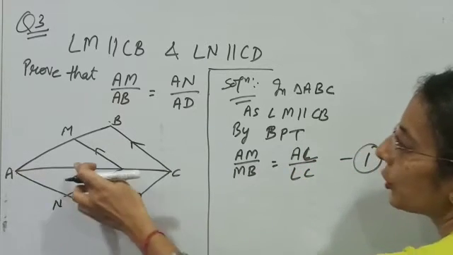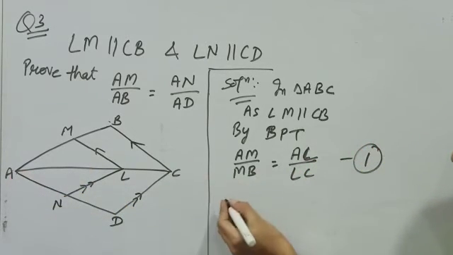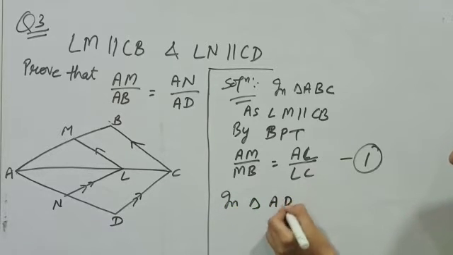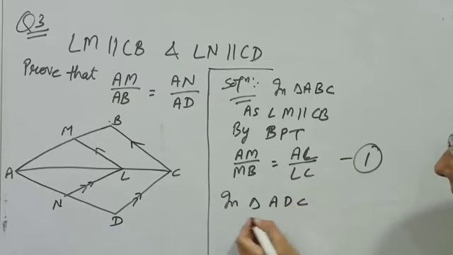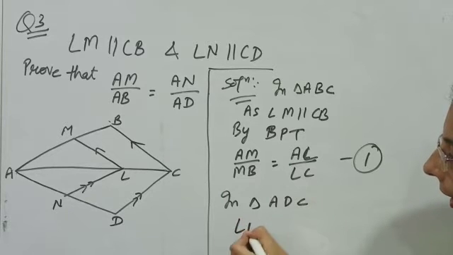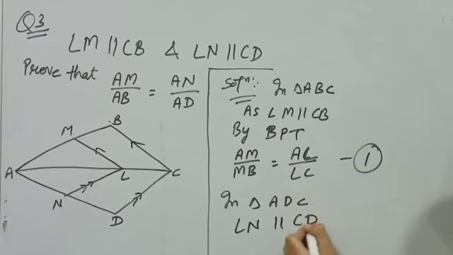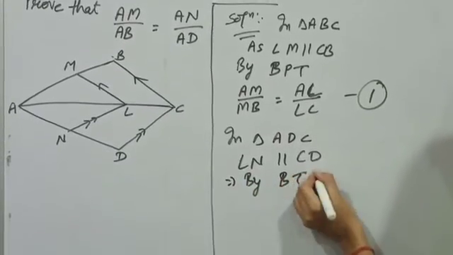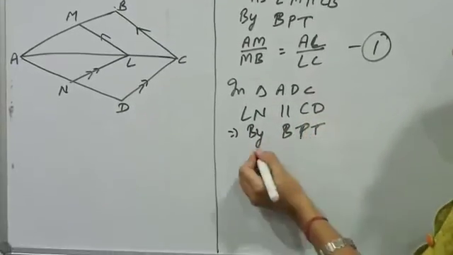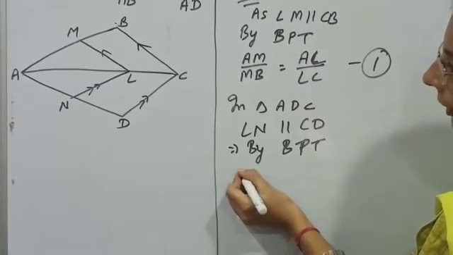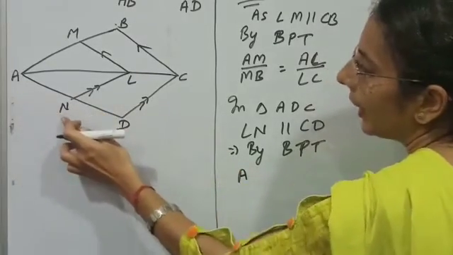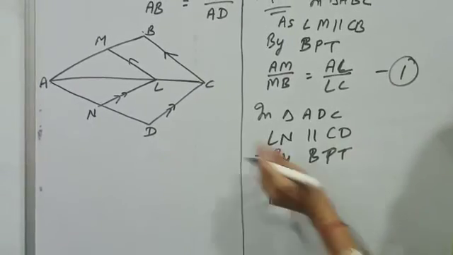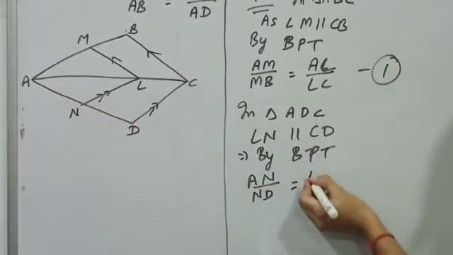Similarly, in triangle ADC, as LN is parallel to CD, by BPT we can say AN upon ND is equal to AL upon LC.